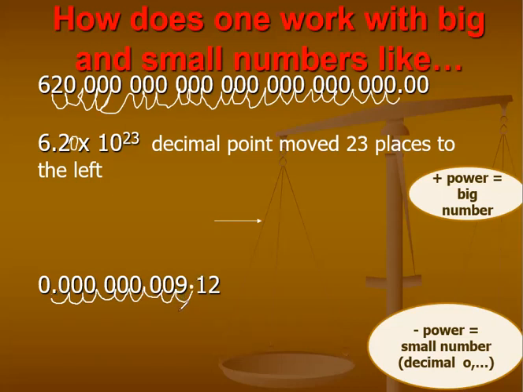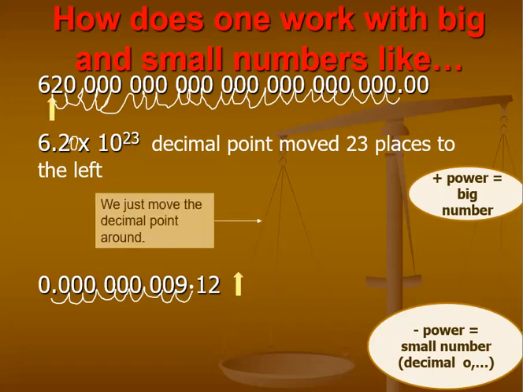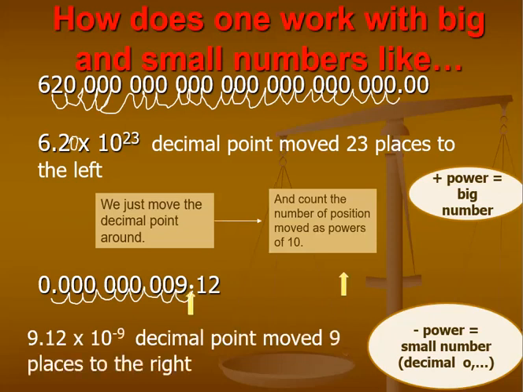Okay, so which means now, how many times did you shift the decimal? Now that's where it all comes together. You shifted the decimal about 9 times to the right. So if you shift the decimal to the right, then the exponent must be negative, as you can see there.